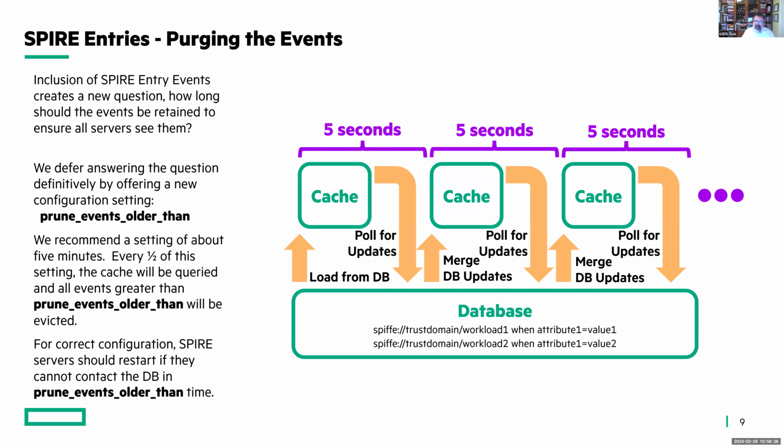So there is a prune events older than configuration item, where you can basically say that, if the event is older than an hour, or you're polling that table every 15 minutes, then the event will fall off the end of the table.